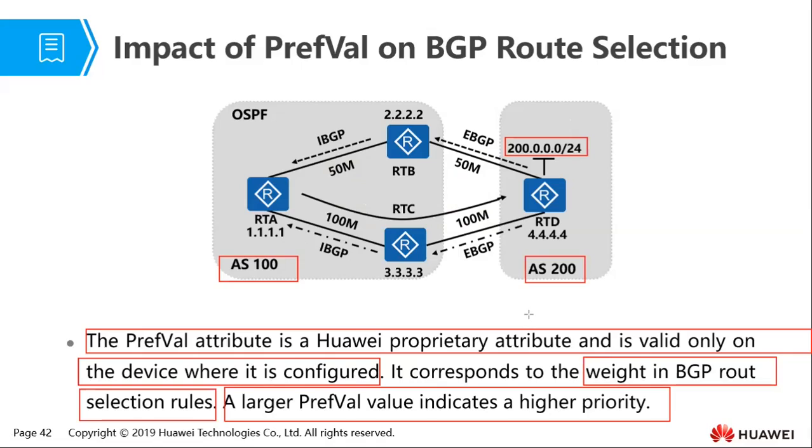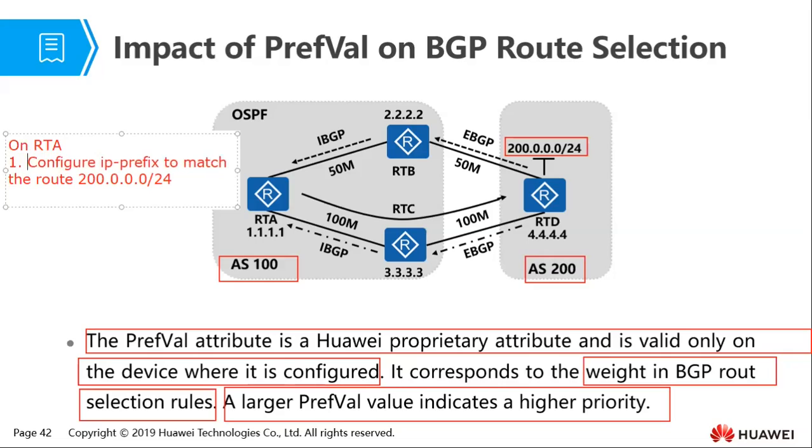So the administrator can configure an IP prefix. This will be done on RTA. On this device, on RTA, configure an IP prefix to match the route 200.0.0.0/24.